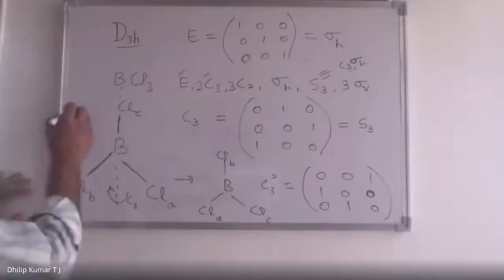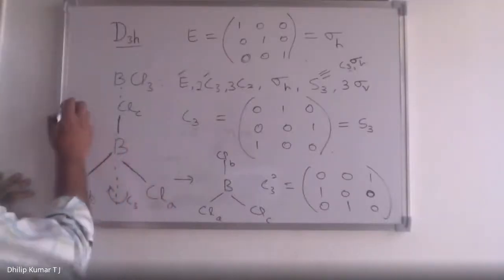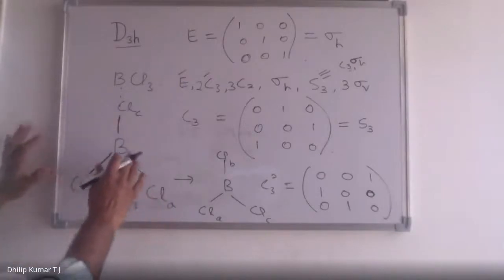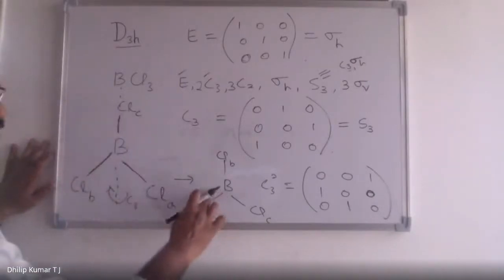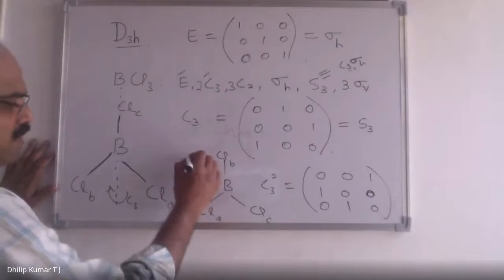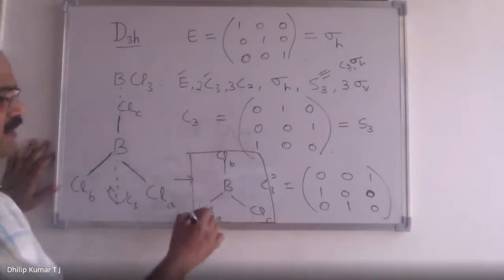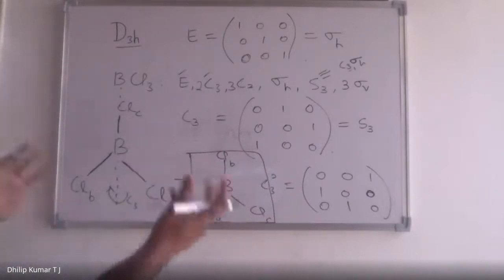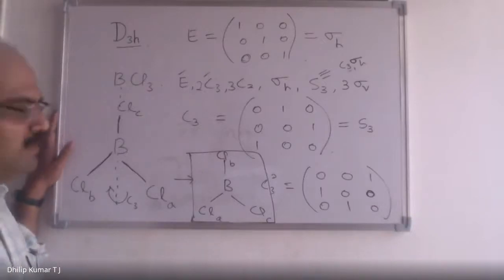This is a molecule, right? It has C3 rotation. If you rotate it, it goes to this place, and then you place a mirror on top of it, so you get the molecule back.